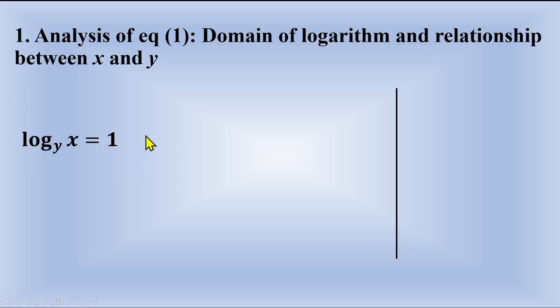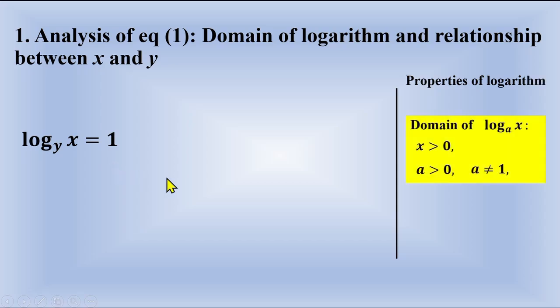We have equation 1, a logarithmic equation, and to analyze it we should recollect the properties of logarithm. First, we consider the definition of logarithm. In this definition, the argument is greater than 0, the base is greater than 0 and not equal to 1.